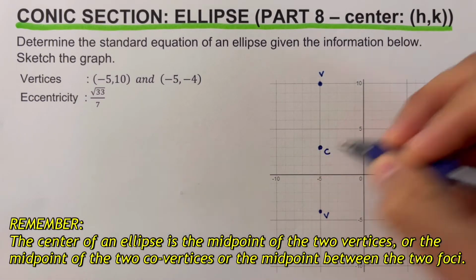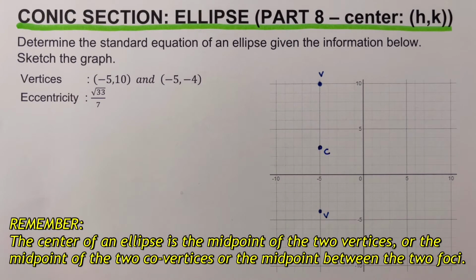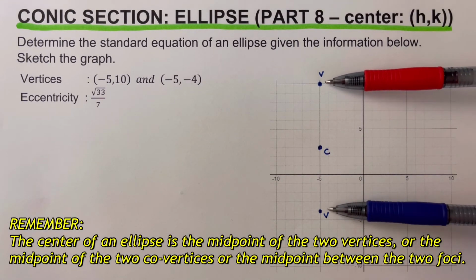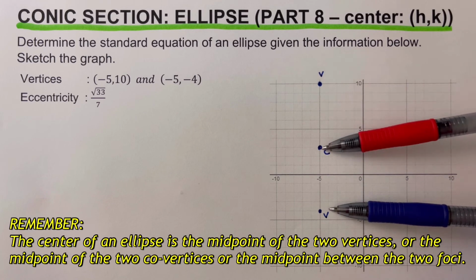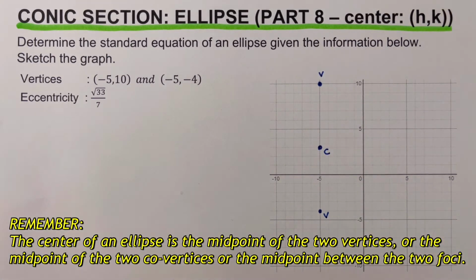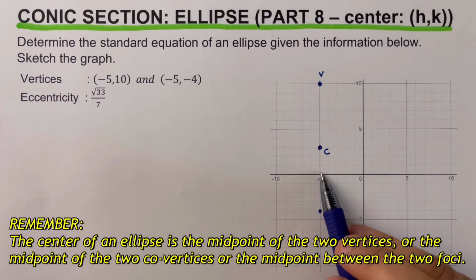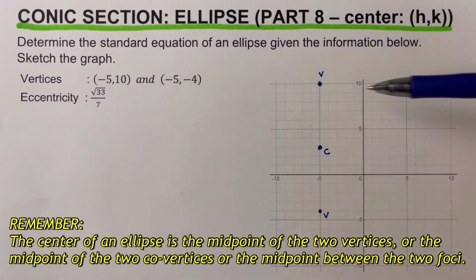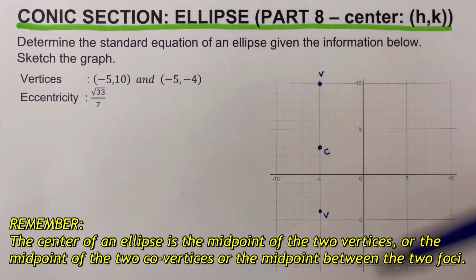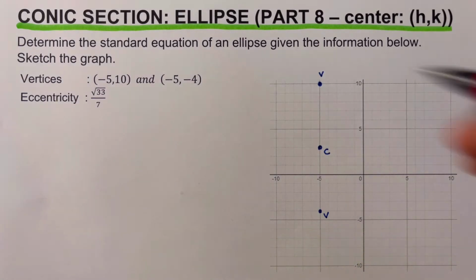I'm going to label this as letter C. The other option that you can do in order to determine the center between the two vertices is to use the midpoint formula. You should be able to get this point right here. And so looking at this, our center is at -5, 3. And this type of ellipse is a vertical ellipse because both vertices are vertical relative to each other. So we can go ahead and label that up here.